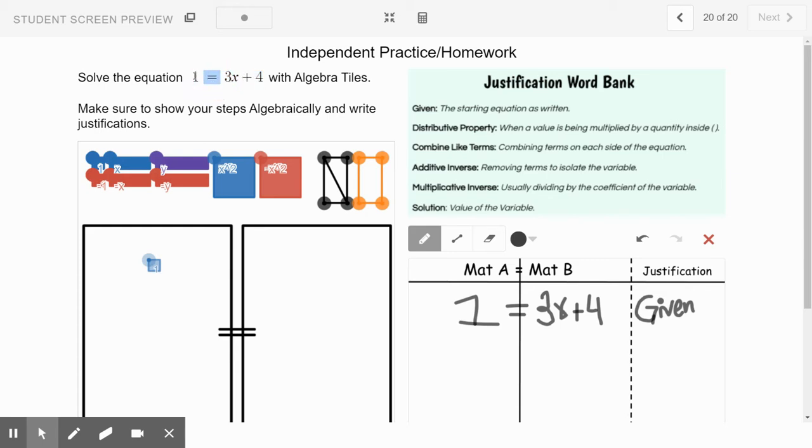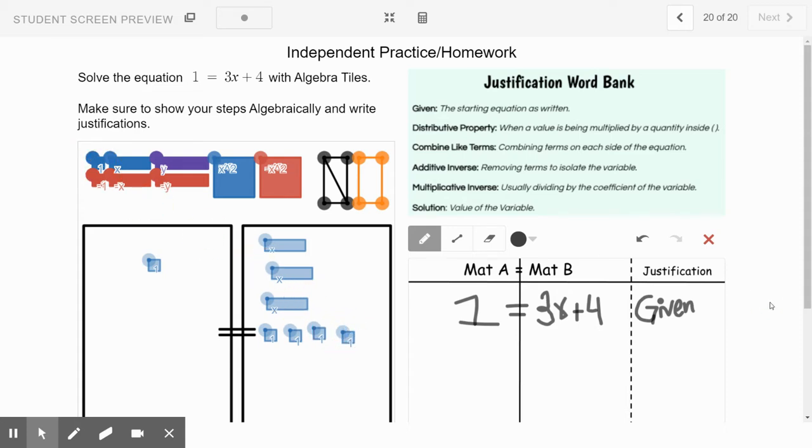So an equation has the equal sign, an expression does not. So I've got 1 on mat A, and on mat B, I need 3 x's, and then I need this plus 1, 2, 3, 4.